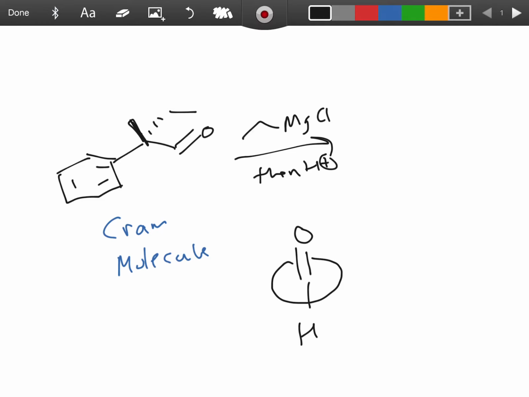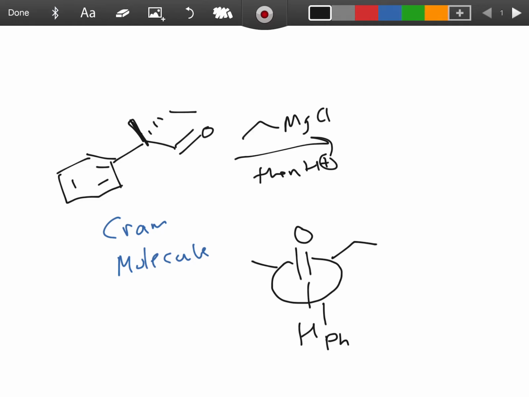And then we would have to put our groups around that Newman projection with the large group, which in this case should be the phenyl, straight down if we were using the Cram model. And then we would have our medium group and our small group.